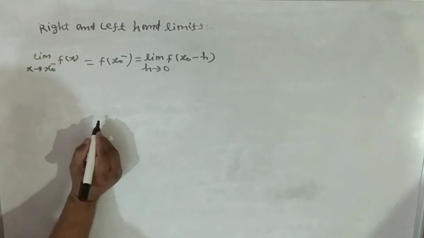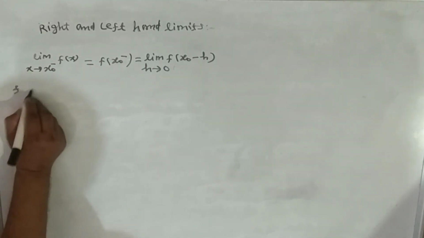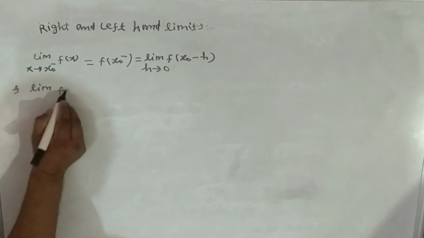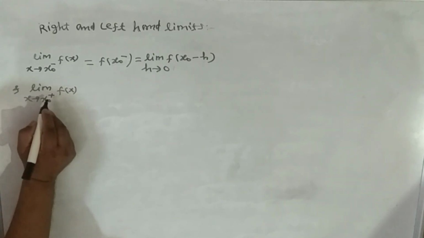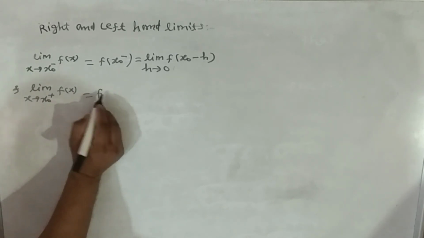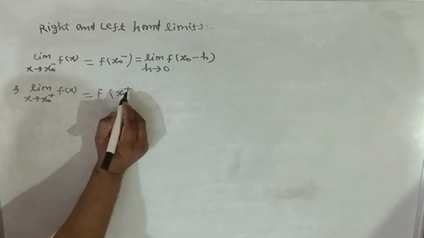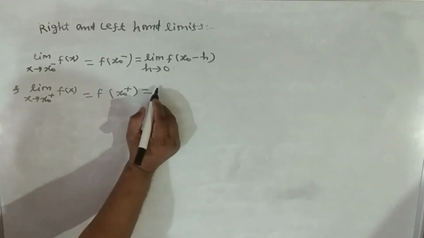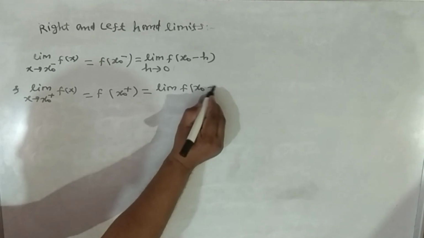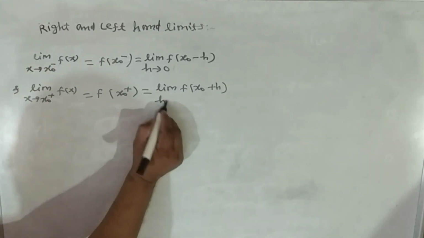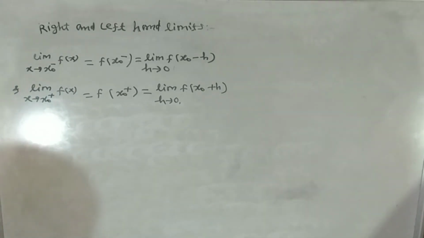And the limit of a function f of x as x tends to x0 plus is equal to f of x0 plus, which equals the limit of f of x0 plus h as h tends to 0.